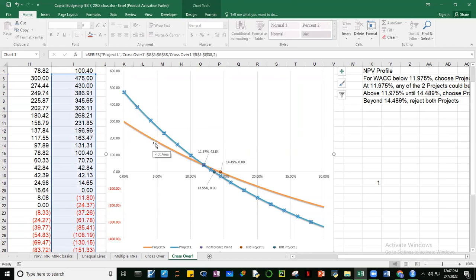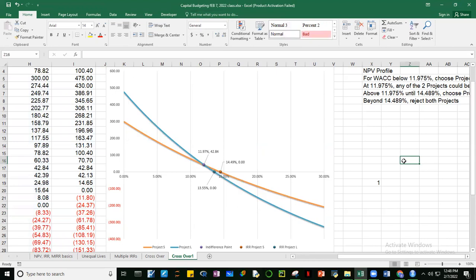However, higher than 11.97, we choose Project S kasi mas mataas yung NPV ni Project S natin hanggang 14.49%. Higher than 14.49%, pareho na negative yung NPV nila. So wala na tayong pipiliin sa kanila.